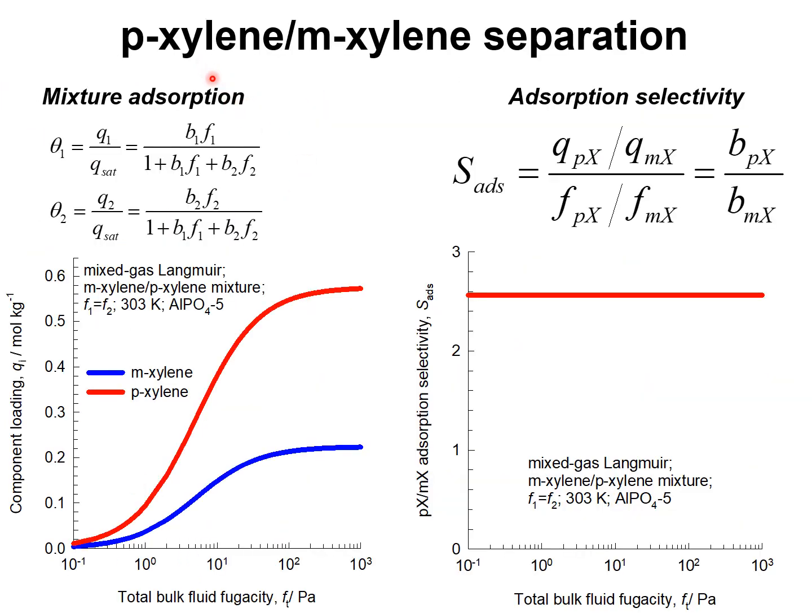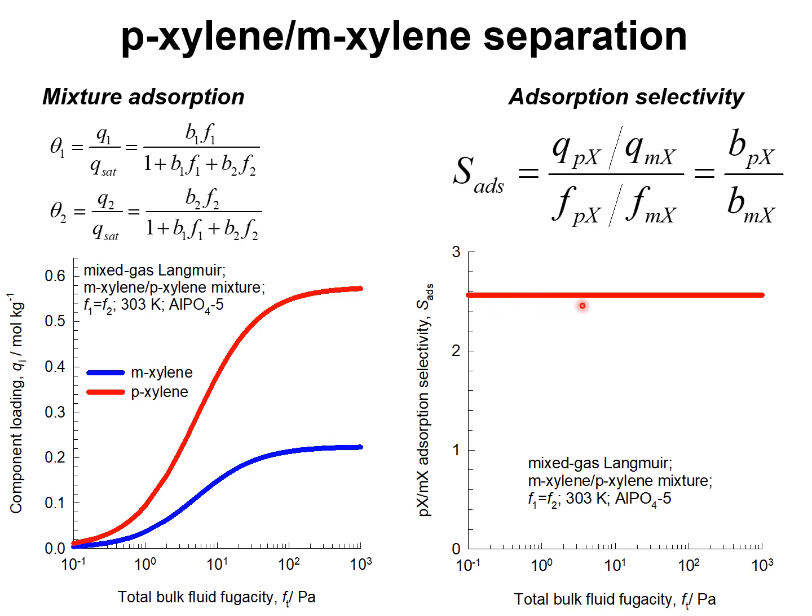For a binary mixture of metaxylene and paraxylene, we can use the binary Langmuir model to calculate the component loadings of paraxylene and metaxylene and the adsorption selectivity of paraxylene with respect to metaxylene for a bulk phase mixture in which the partial fugacities of components 1 and 2 are equal to each other.